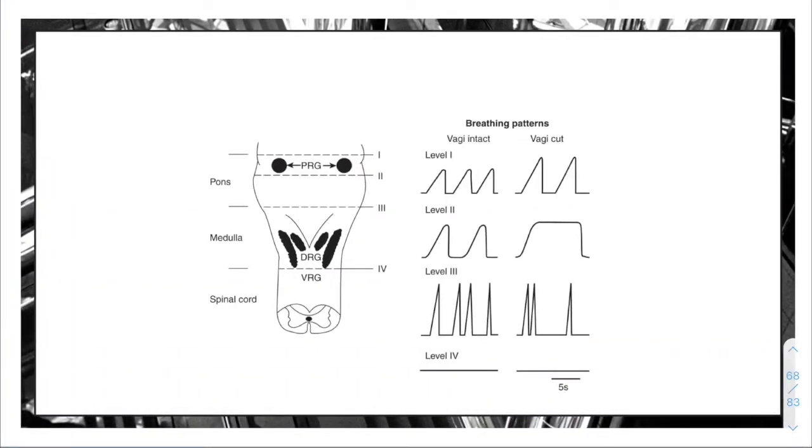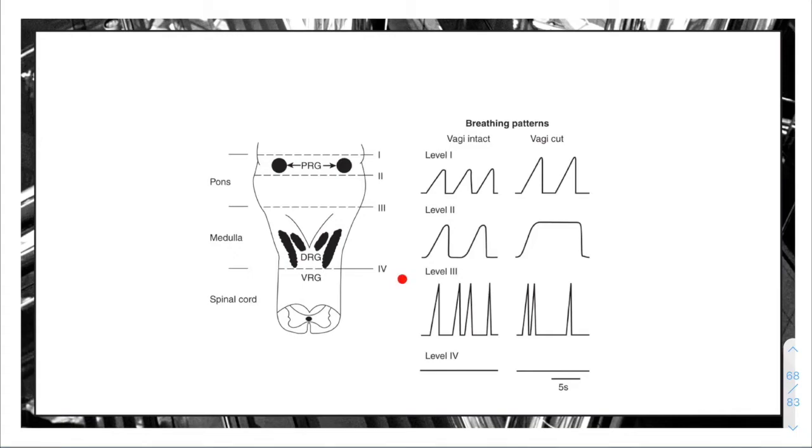This figure will give you the breathing patterns of respiration if you transect the pons or medulla at different levels. It is labeled 1, 2, 3, and 4.